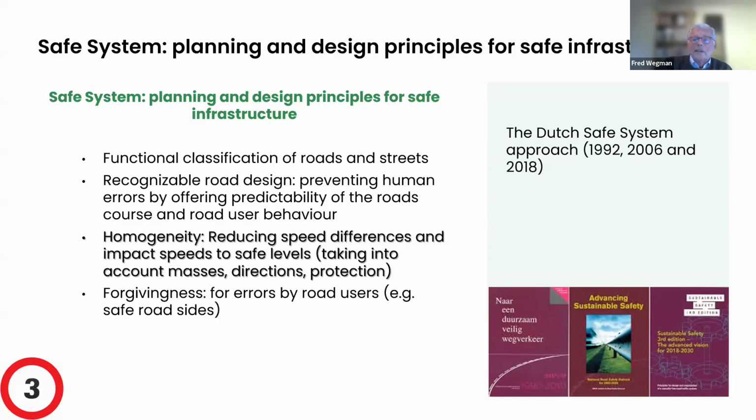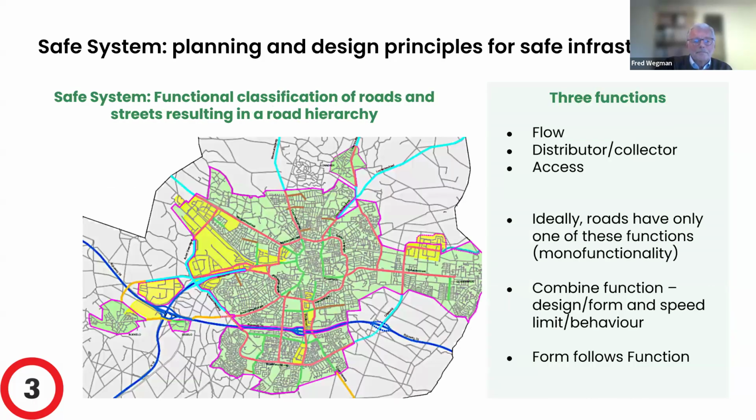The second one deals with human error, how to prevent that, how to reduce that. And that is by your road design. The third one is dealing with speeds and protection against energy. And the fourth one is forgiveness for errors by road users. And then we talk mainly about safe road sites. Next, please.